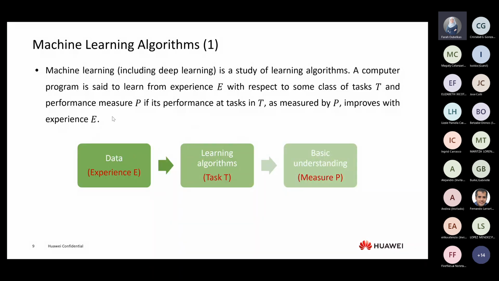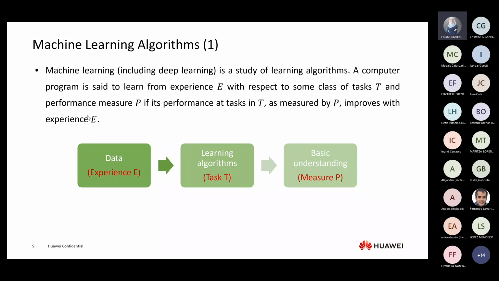And then the experience, which is the data. Most machine learning algorithms need data to train on, and some algorithms actually need the whole data, the entire data set, and some do not just experience a fixed data set.